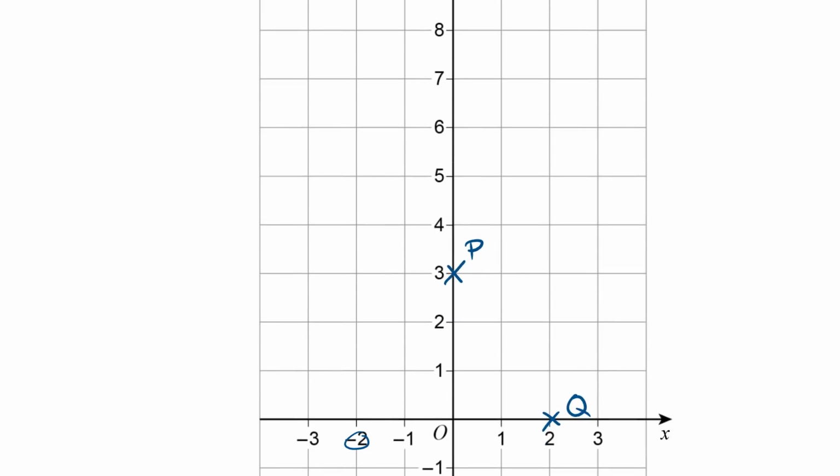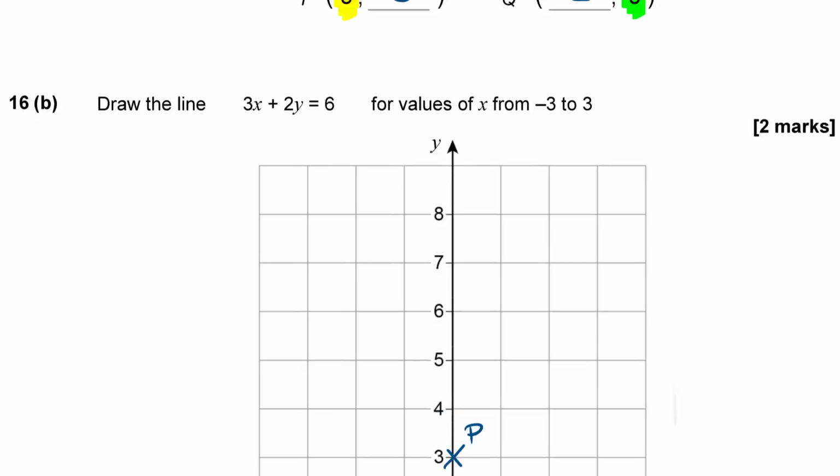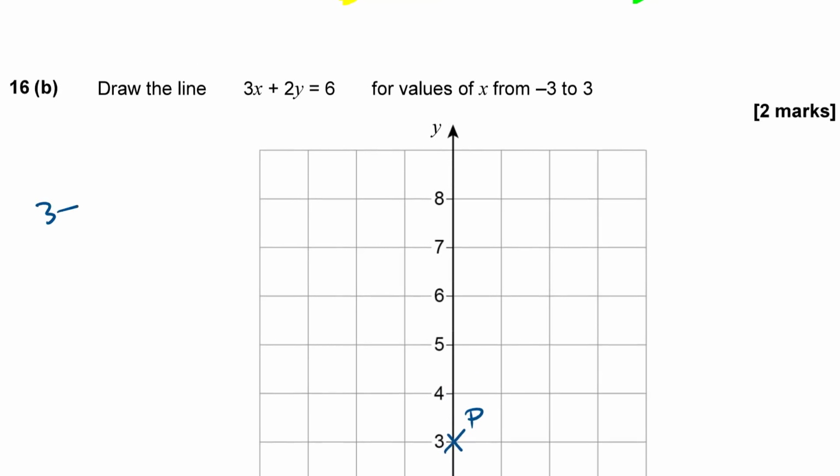What's the value of y when x is -2? So I know that 3x plus 2y is 6. So if x is -2, 3 lots of -2 plus 2y is equal to 6, which is -6 plus 2y is 6.